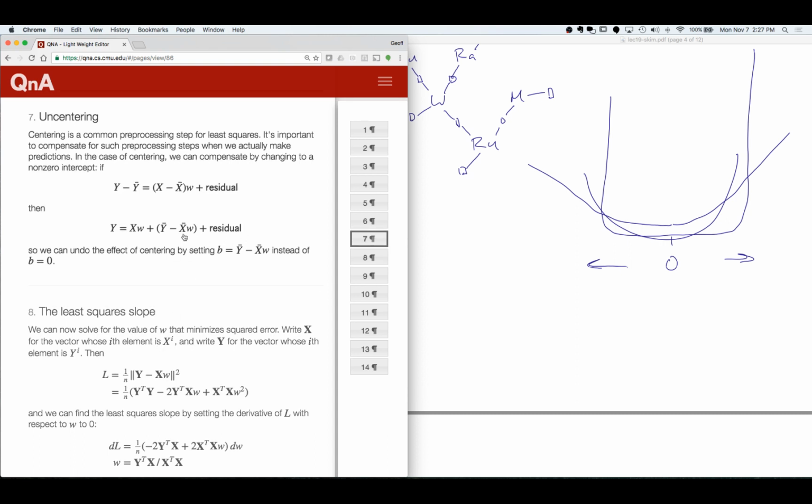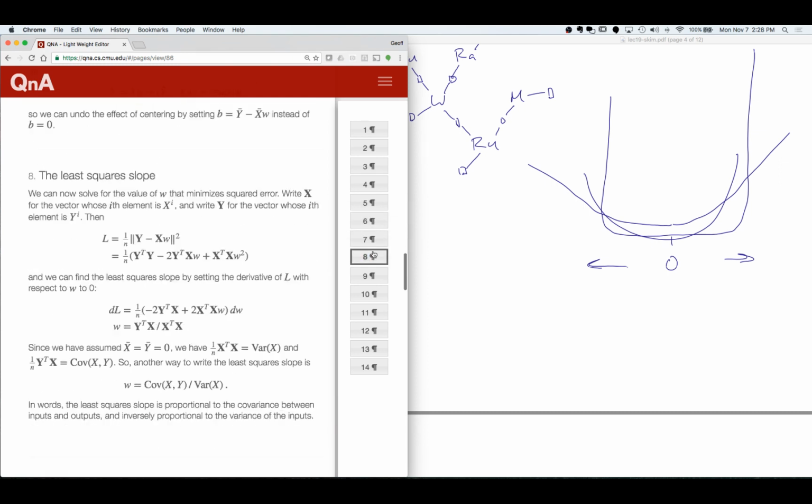Here, we can just set our intercept to be y bar minus w times x bar, and we can make predictions just like we would before. We would like to make predictions based on x, not x minus x bar, and we would like to predict y, not y minus y bar, and we can do that just by adjusting our intercept. So we've removed the intercept to make the math easier, but we can put it back very easily.